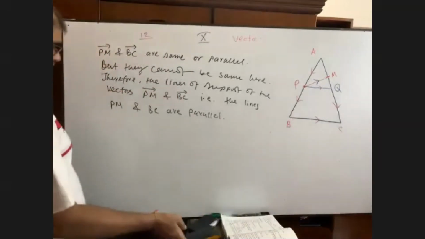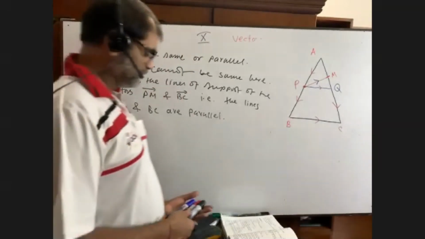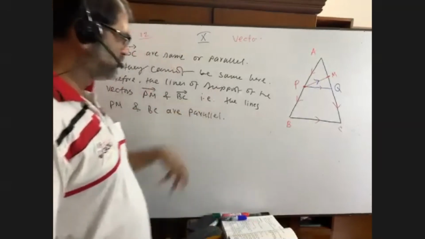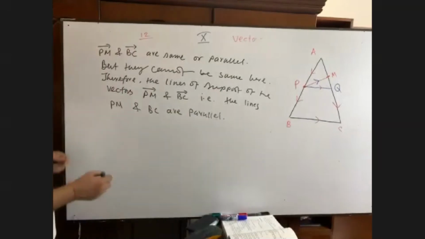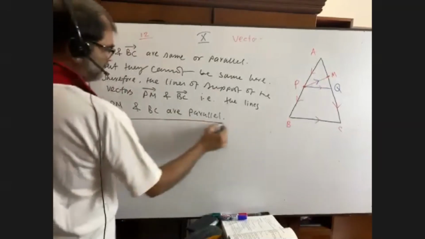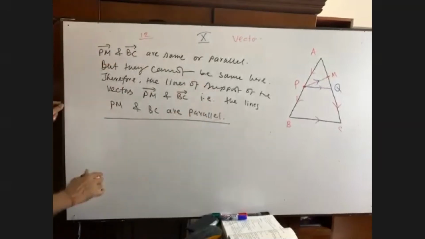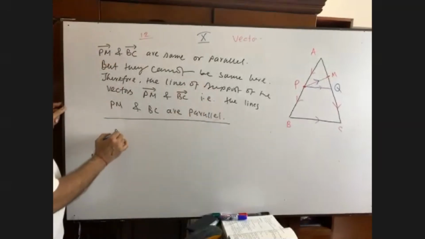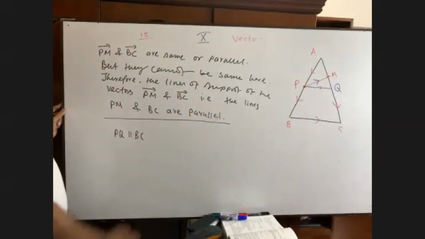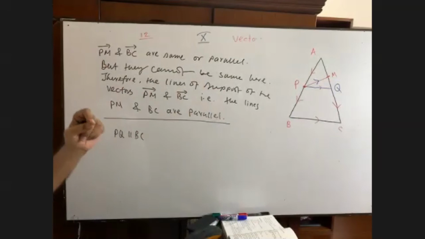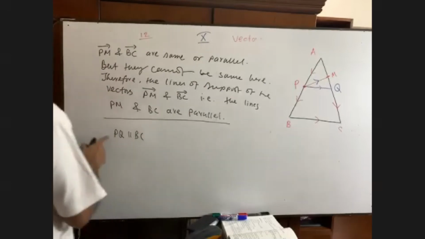Dear students, this is the high time to understand. What you have done, it is as usual. Now you have to understand. We are not done yet. What was given in the question? PQ parallel. Can you go to your particular enunciation that is called preposition? There it was written PQ parallel BC.